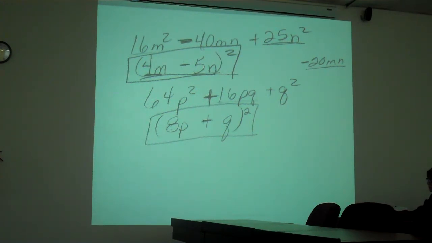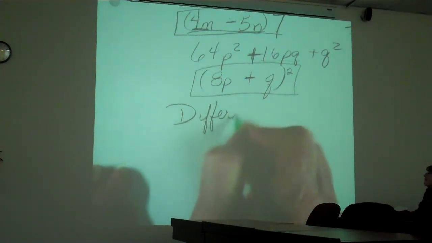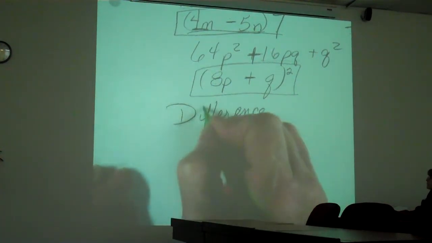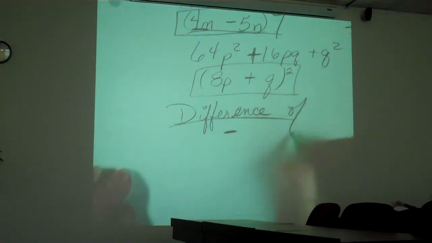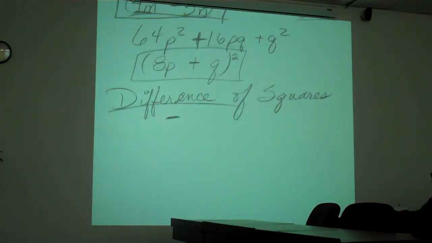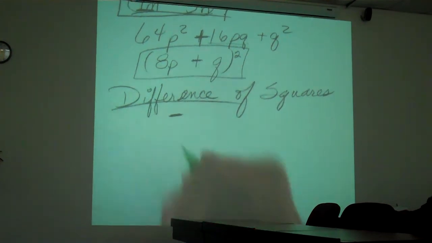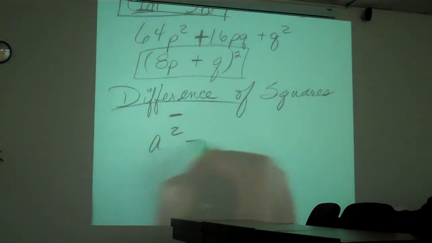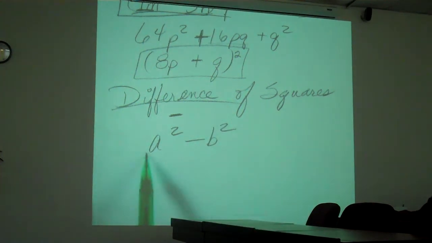Okay, our next form of factoring is actually, I think, easier to recognize. It's called the difference. What does the difference mean you're doing to numbers? Subtracting, right? Difference of squares. This means you have two perfect squares and there's a subtraction sign in between them. So if you had a squared minus b squared, perfect squares, you get the difference.